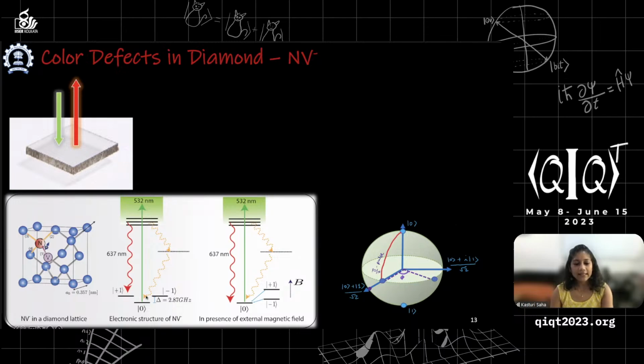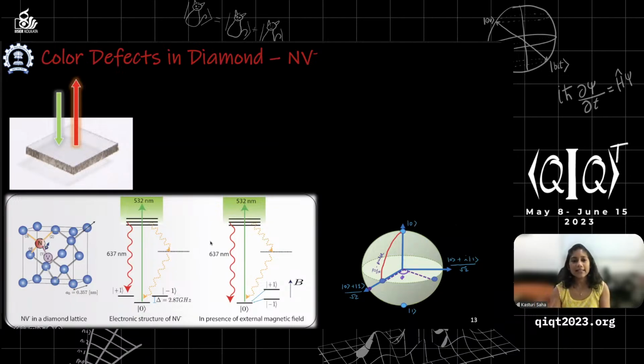Now, the interesting part is that you can actually control the spin qubits, and the spin information is encoded in the optical information. That's because when you excite with a green laser and it emits red light, there is always a possibility that the NV center can go to a metastable state and then decay back down to the zero state.